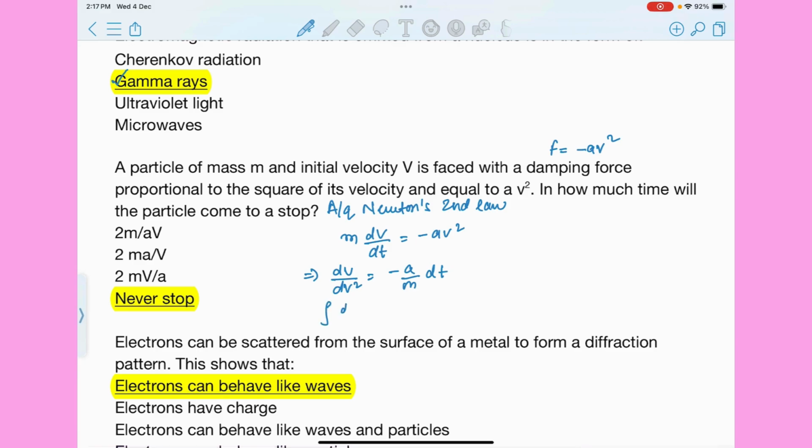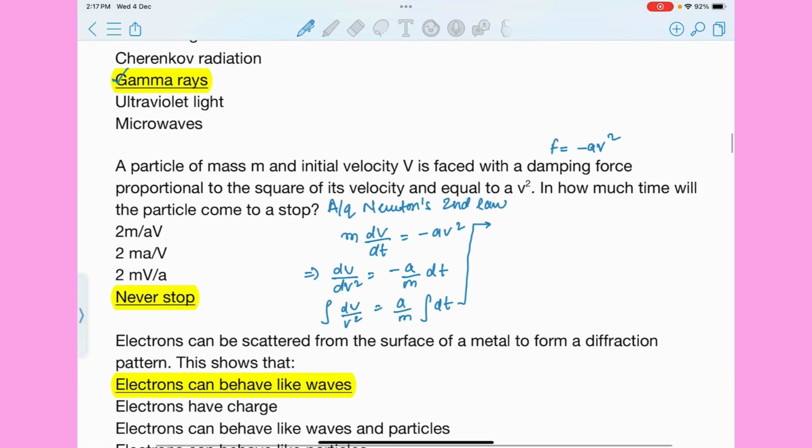Integrating both sides, the integral of dv upon v square equals minus a upon m integral of dt. This can now be written as minus 1 upon v is equal to minus a upon m t plus c.